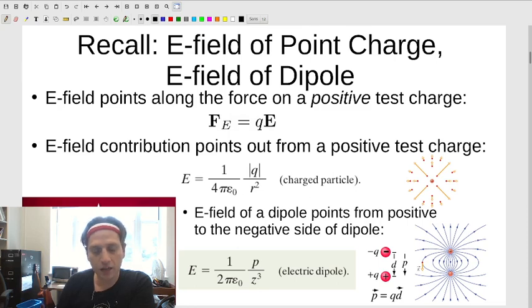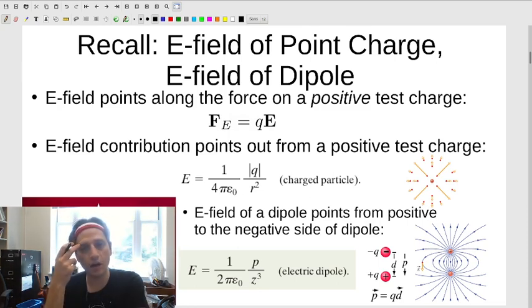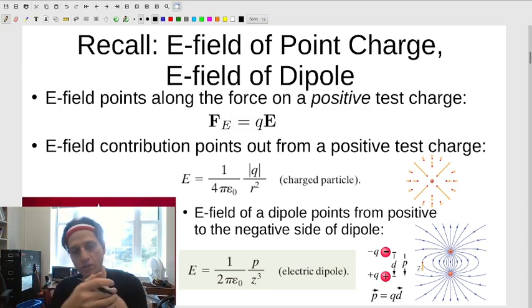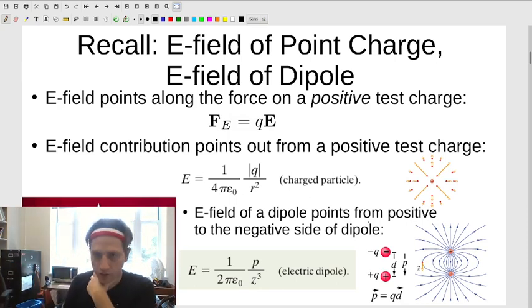We've been talking this week about a number of different electric fields that result from different charge distributions. One of the most significant ones for us to think about is that of a little dipole. A dipole is a charge distribution where you have a positive charge and a negative charge that are close to each other.